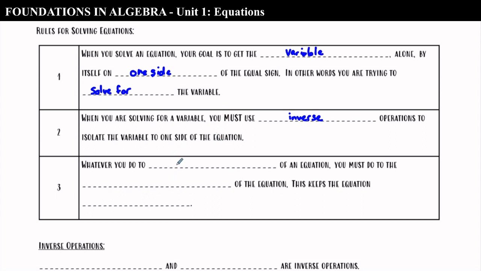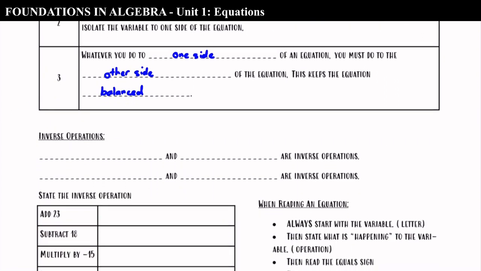Whatever you do to one side of the equation, you must do to the other side to keep the equation balanced. Because if you do something to only one side, then the equality doesn't hold anymore. We have to do the same thing to both sides.